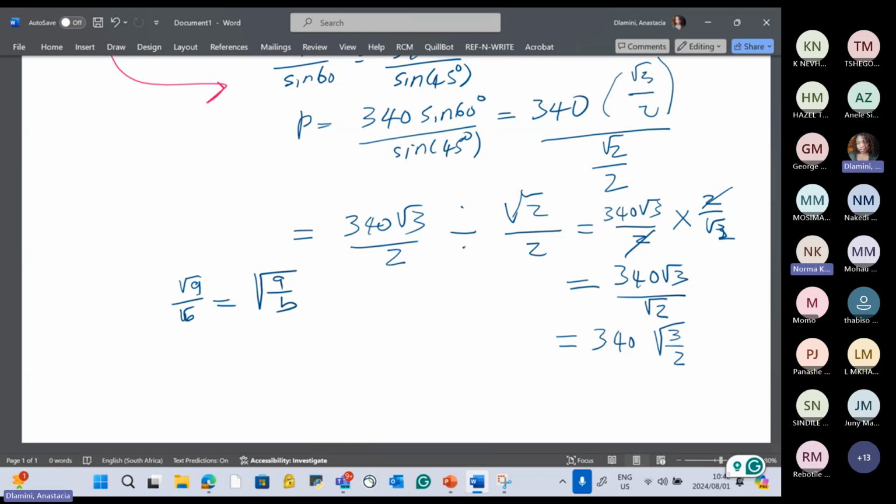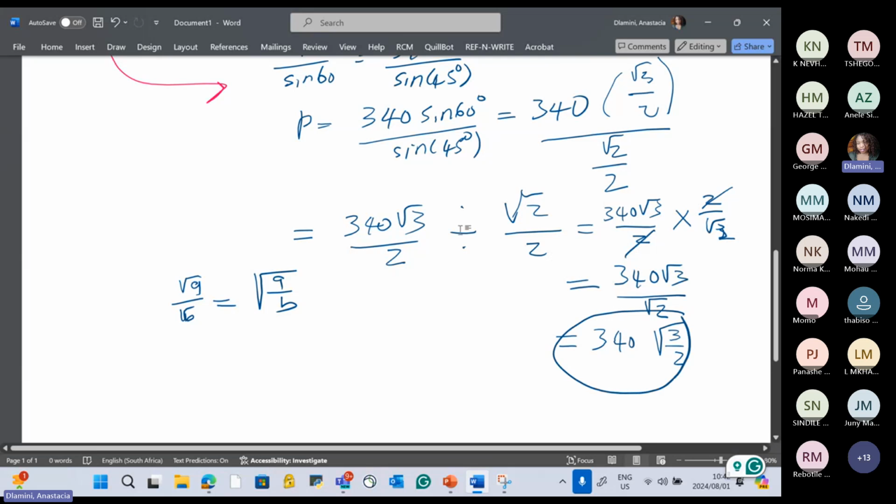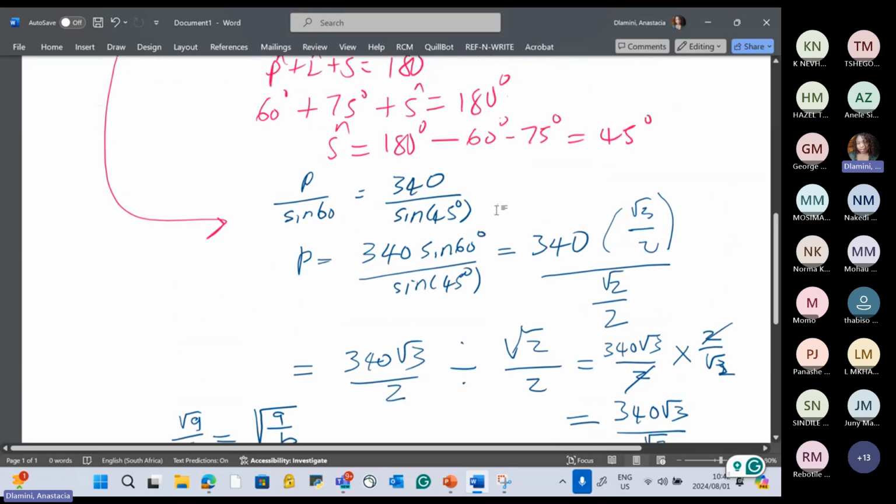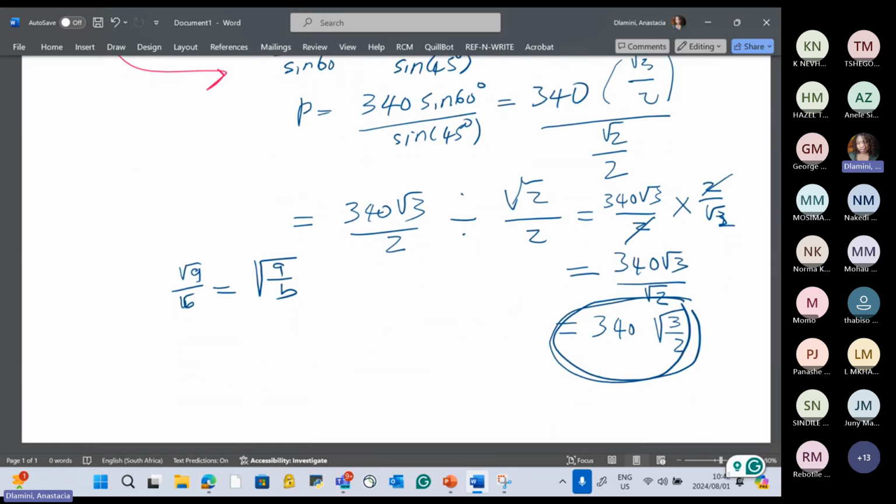So in the exam, I might leave it like this as your answer, and give you the answer like this. Because I know some of you will think maybe to use a calculator. You can't use a calculator in such cases. Are we together?